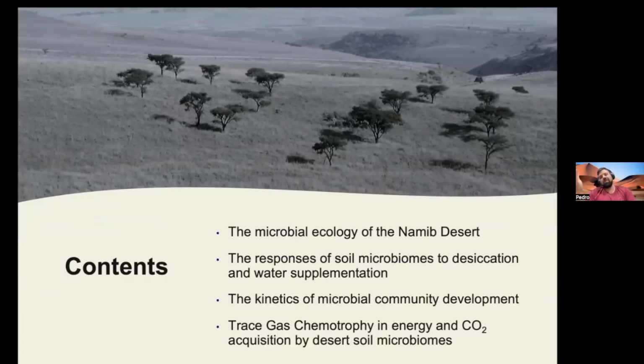And then we'll look at the microbial ecology of the desert, the responses of some microbiomes to desiccation and water cycles in the desert, the kinetics of the microbial communities or system, and then finally, I'm going to touch on trace gas chemotrophy as an alternative means for microbial communities in desert systems like this to sort of subsist.